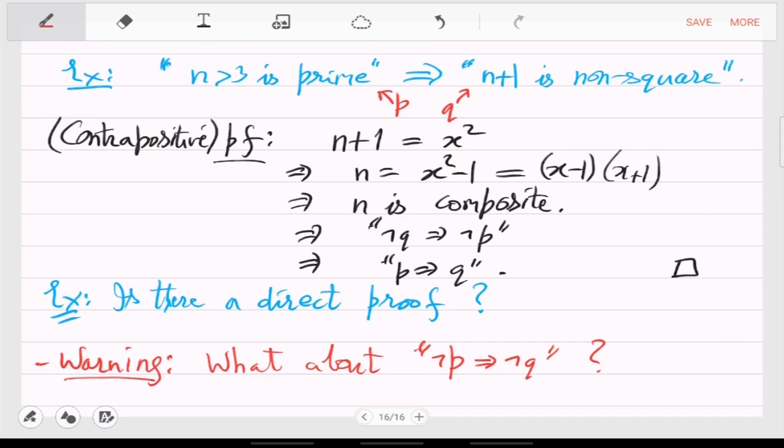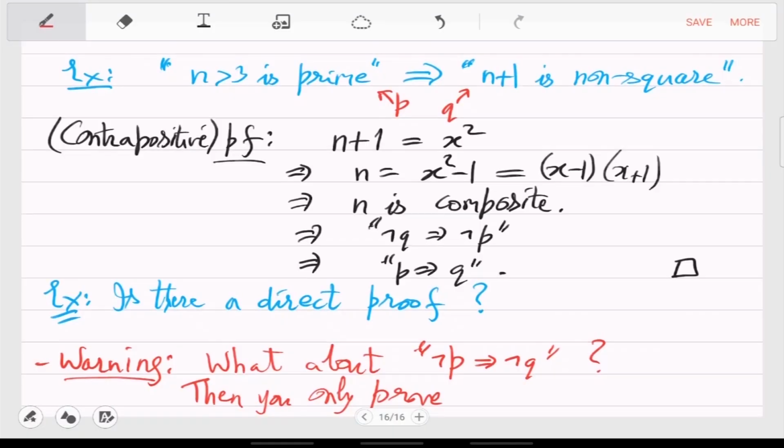Because you are actually showing Q implies P. If you show Q implies P, it may not mean in general that P implies Q. So you are actually showing the converse and you are not showing the question that was asked. And this will generally give you 0 marks if you do this, because the converse may be very easy.